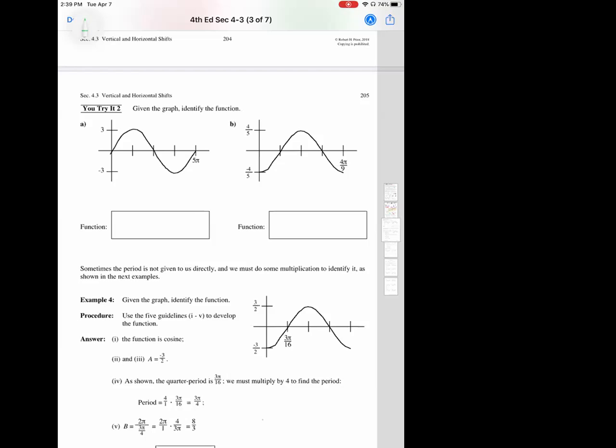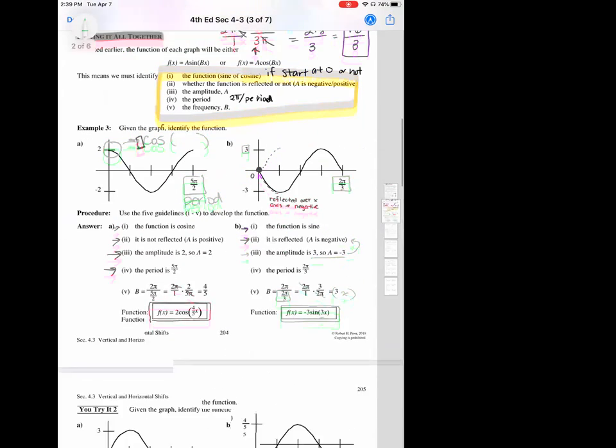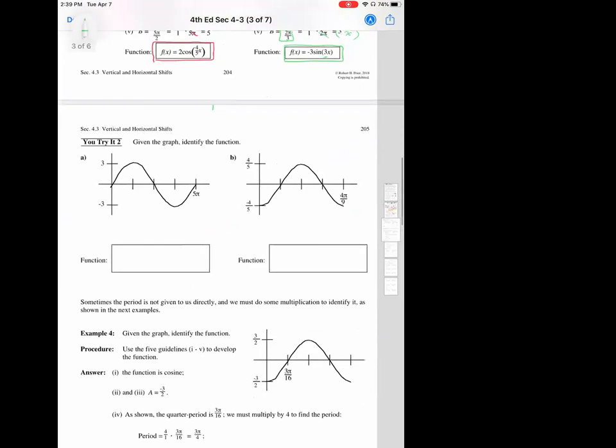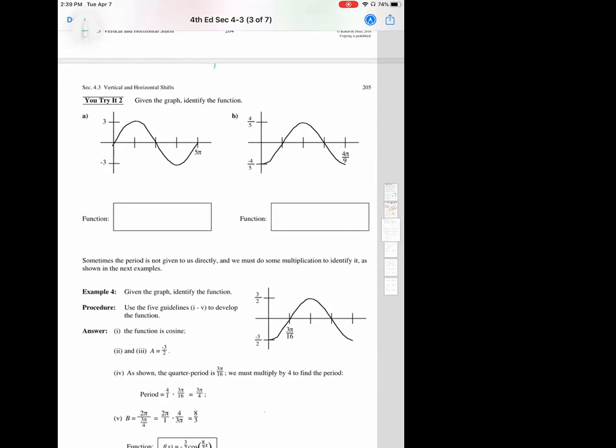Okay, let's go ahead and come together. So if you'd like to, maybe in our cheat sheet that we built in the beginning of the class of sine and cosine, maybe you can write this in your cheat sheet just so you have it handy as you're working out your homework. All right, so we're going to try to identify the function. First thing, is it sine, cosine? So we're going to build our function.